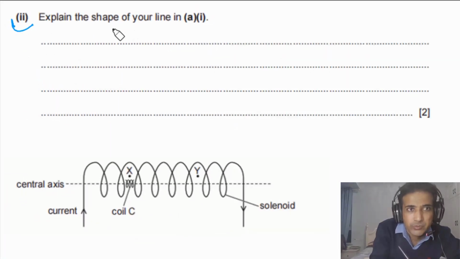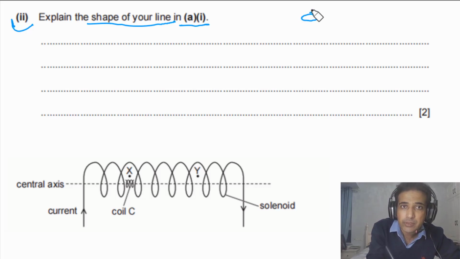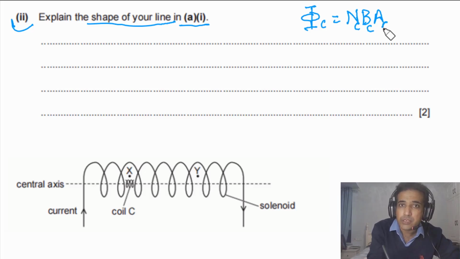For the second part, we need to explain the shape of the line in part A1. We have already discussed why we draw the horizontal line, so now you need to explain it. Magnetic flux linkage for coil C is equal to NBA. So N of C is constant, B is constant, A of C is constant. So magnetic flux linkage through coil C when we move from X to Y is constant.